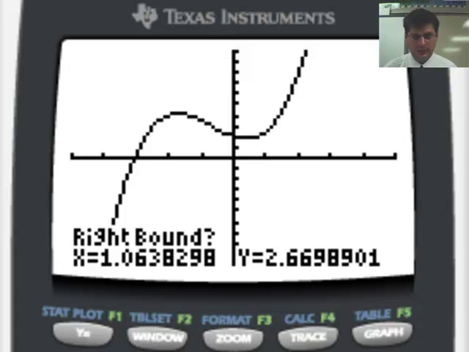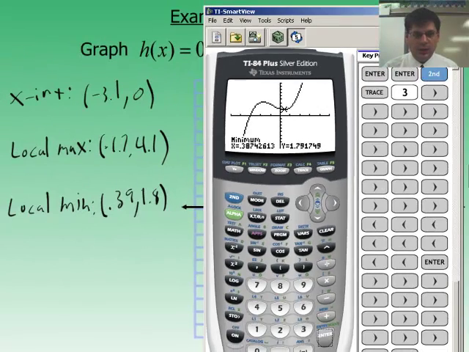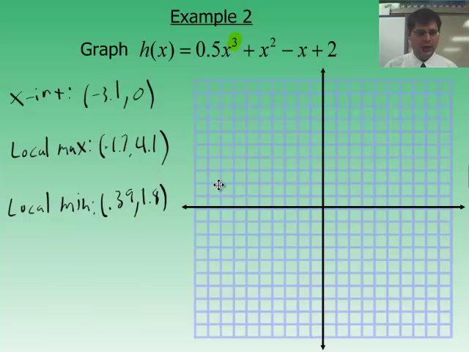All right, that should be good. And that's about 0.39 and 1.8. Okay, so we have the x-intercepts, local maximum and local minimum.